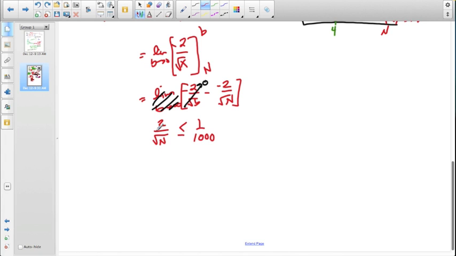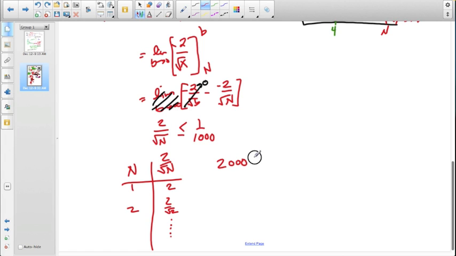And we can do one of two things. We can either make a table at this point, like if n equals 1, then 2 over root n is equal to 2. If n equals 2, then this is 2 over root 2, etc., etc. And we can keep going down until this gets to be 1/1000th, or we can just solve this algebraically by cross multiplying. So we can say 2 times 1,000 is 2,000, and that's got to be less than or equal to the square root of n.